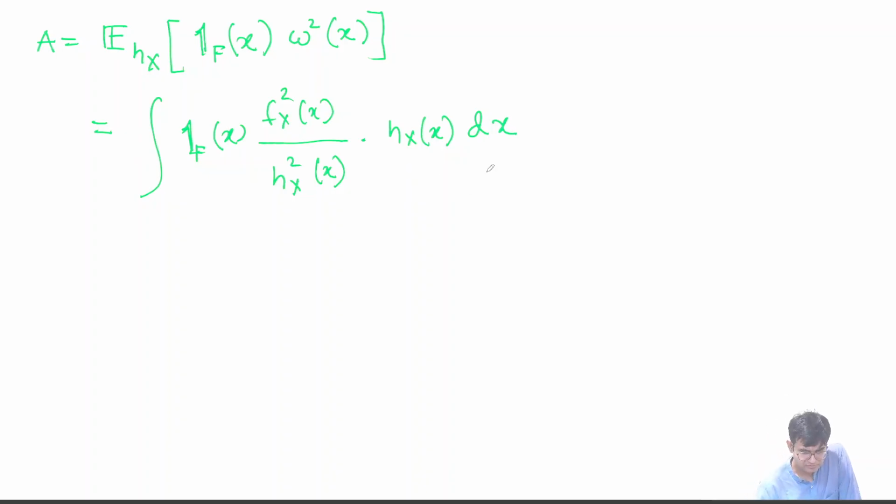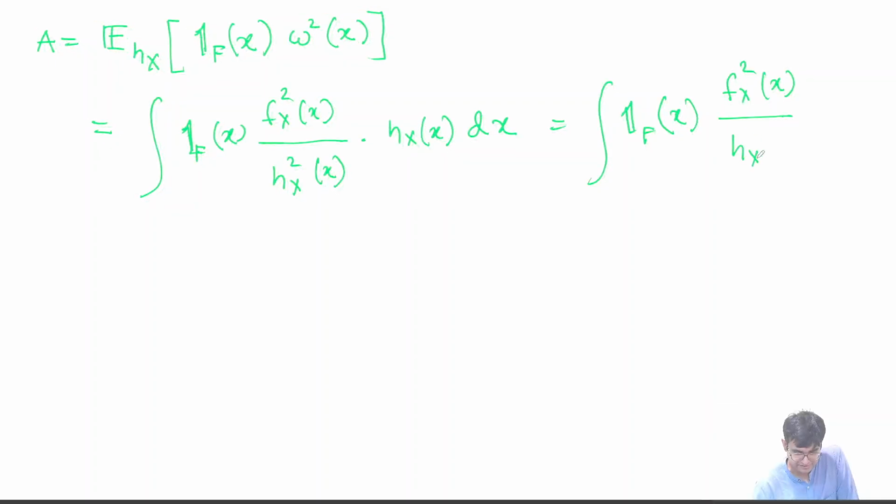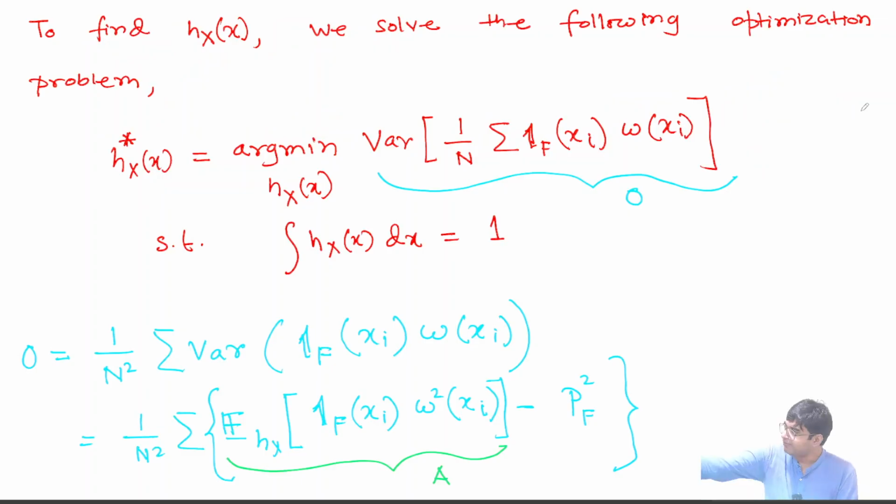Which is equal to the integration of the indicator function of x times fx square x divided by hx x dx. So this is my final objective function that I would like to minimize.